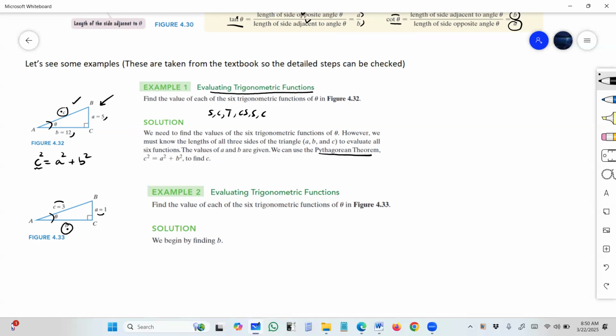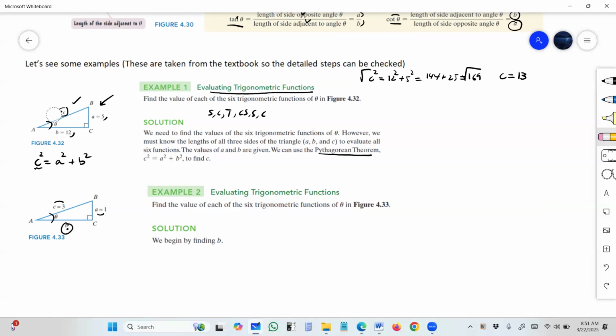Okay, so let's find c first. So c squared is 12 squared plus 5 squared. This is 144 plus 25, 169. Now I have c squared equals 169, so I take the square root of both sides, and we get that c is 13.